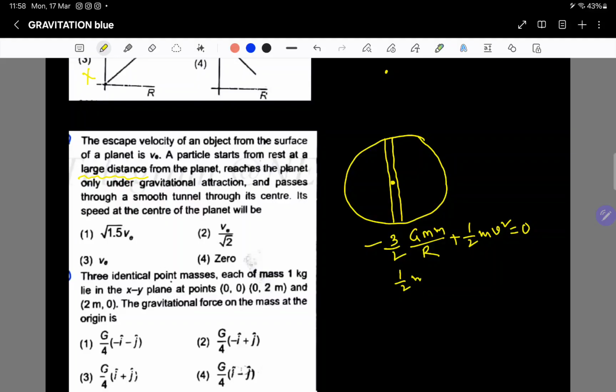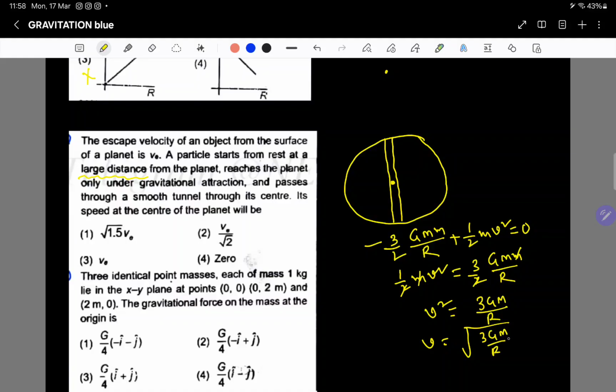That means half mv square equals 3 by 2 times GM by R. Here m cancels, and the 2 also cancels. V square equals 3GM by R. V equals under root of 3GM by R, students.